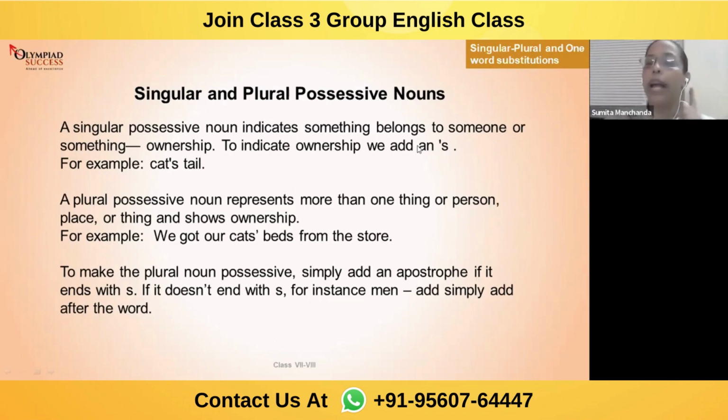So when I'm talking about anything in a singular form, and after that particular noun there is an indication of something that belongs to that noun, we say apostrophe S is used for that noun. Now, cat's tail, so that tail belongs to that particular cat. This is a rule which you all have to follow.